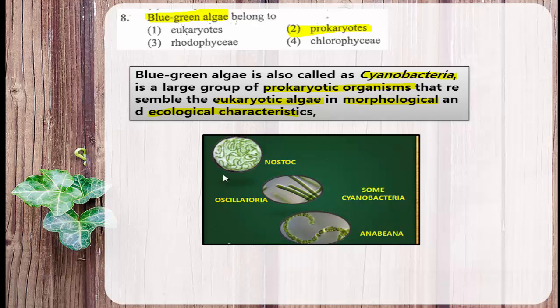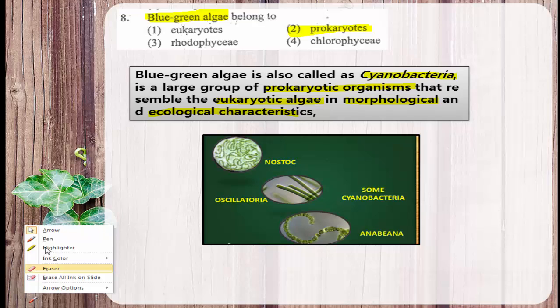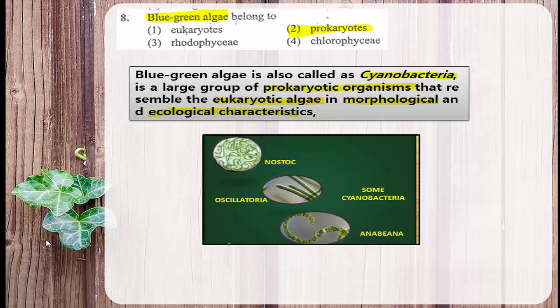The speciality of the blue-green algae. What is the unique feature of blue-green algae? Members of blue-green algae are having a specialized cell called heterocyst. The members of blue-green algae, they contain heterocyst, and with the help of heterocyst, they fix atmospheric nitrogen.